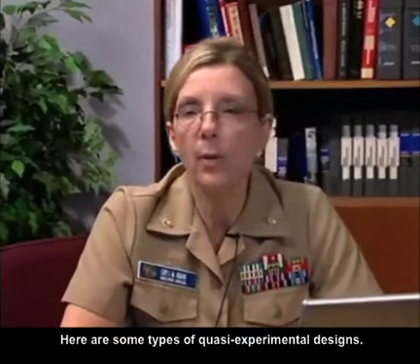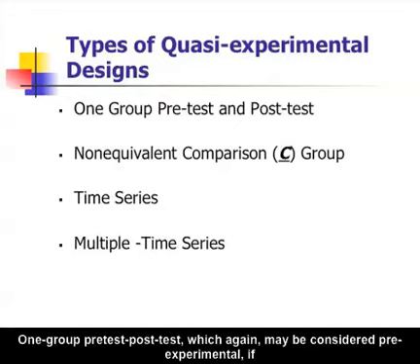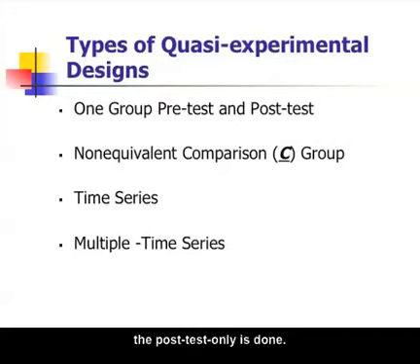So here's some types of quasi-experimental designs. Again, you may recognize them as somewhat similar to experimental studies. One group, Pretest-Post-Test, which again may be considered pre-experimental if the post-test only is done. One group, Pretest-Post-Test, is not experimental. It's only if the post-test only is done.